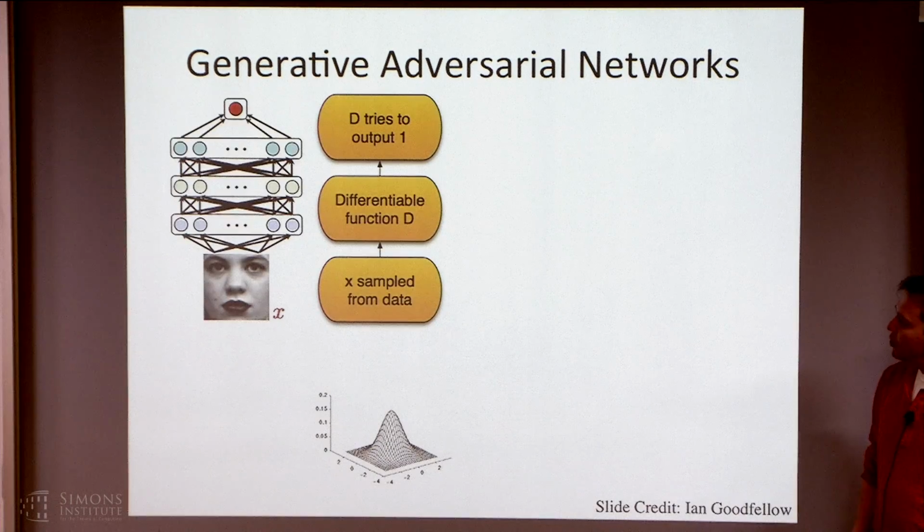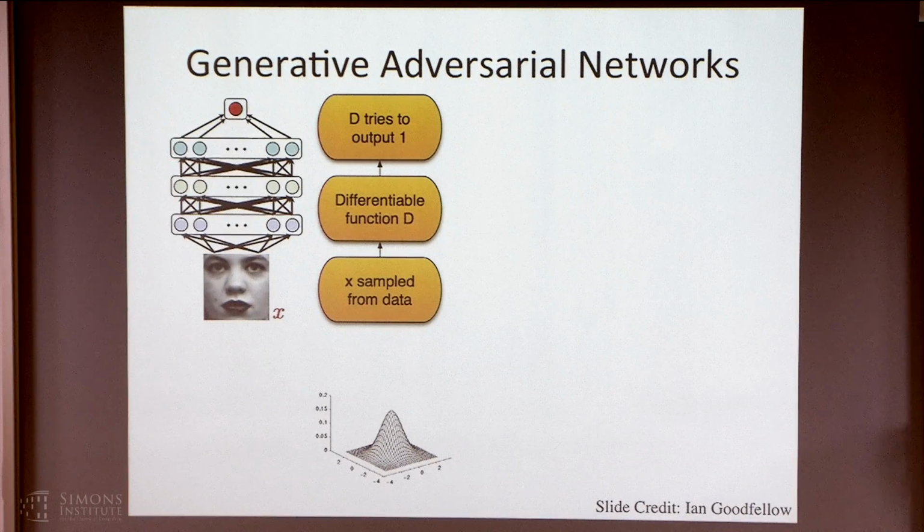Let me show you intuitively what these systems are doing. So let's say I give you the actual image, right? That's my data. So X is a sample from the data. You push it through the neural network, a convolutional neural network, and D attempts to output 1 to say this sample is from data.